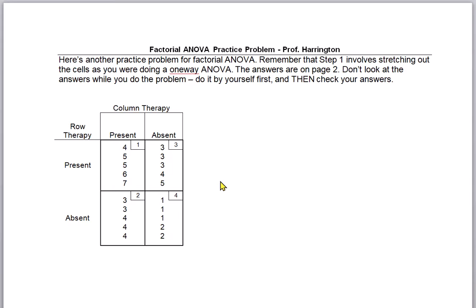Sometimes you will see 2x2x2 designs, three different independent variables, each having two levels, or maybe a 2x3 design, or even a 2x3x3. Those are all fairly common in terms of experimental design procedures that get published. Occasionally you'll see something larger, perhaps a 2x2x2x2.